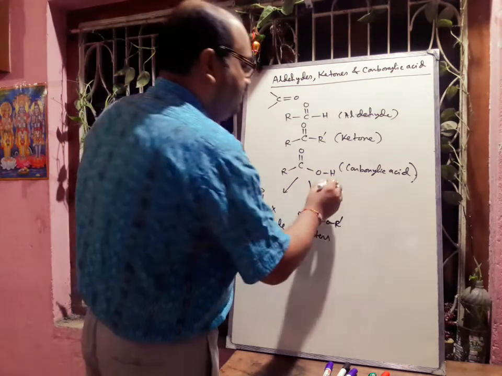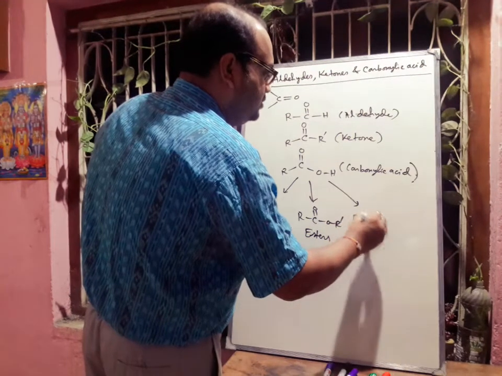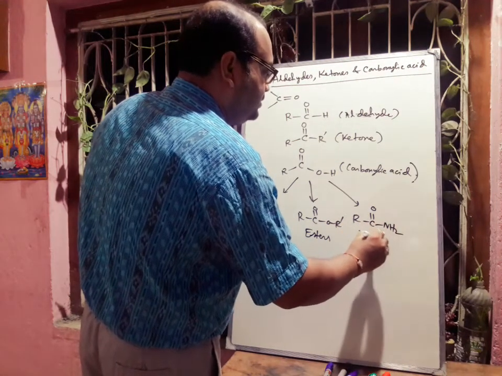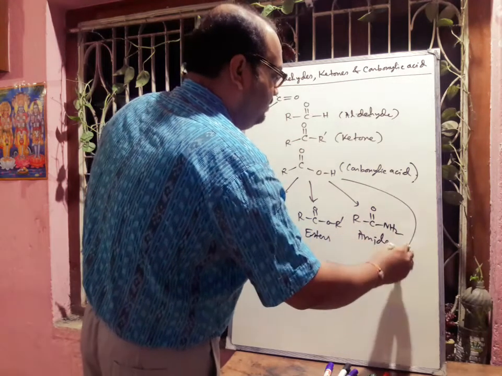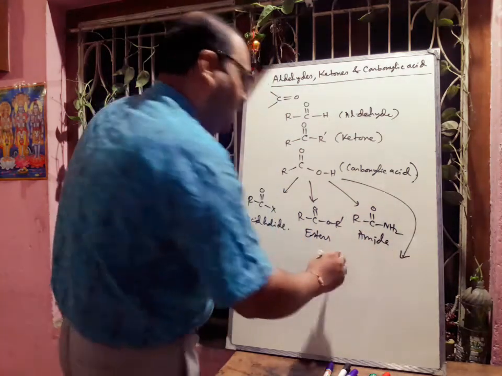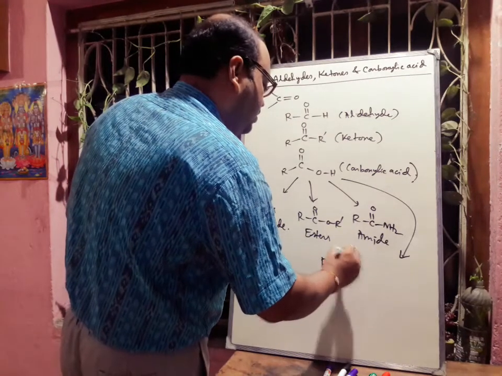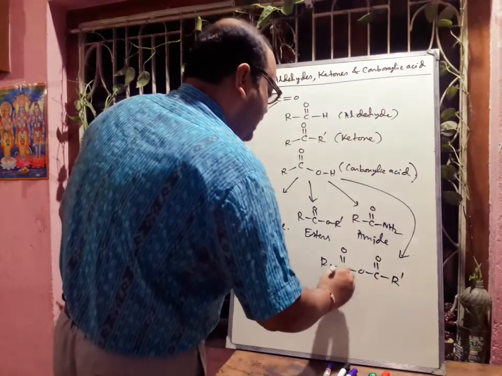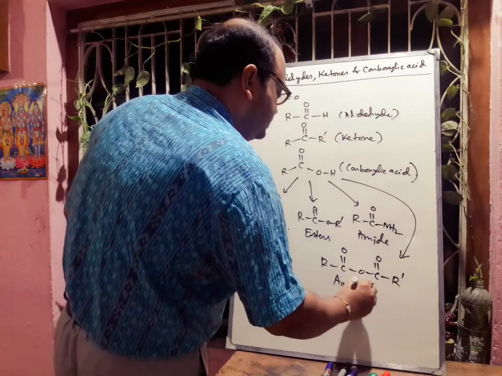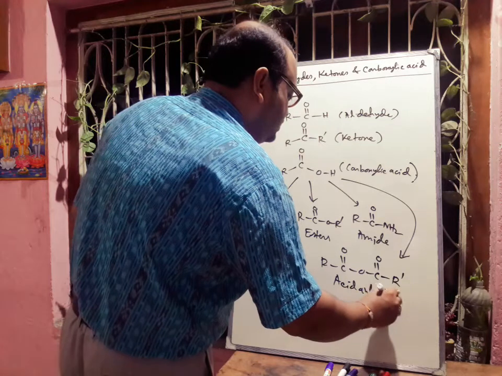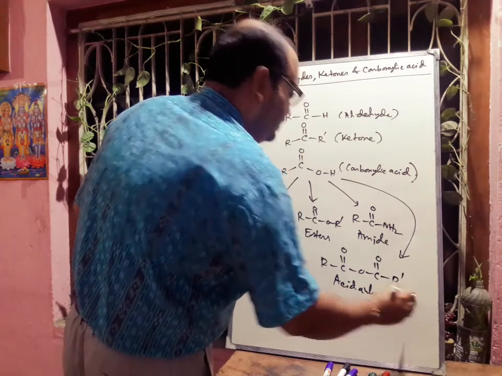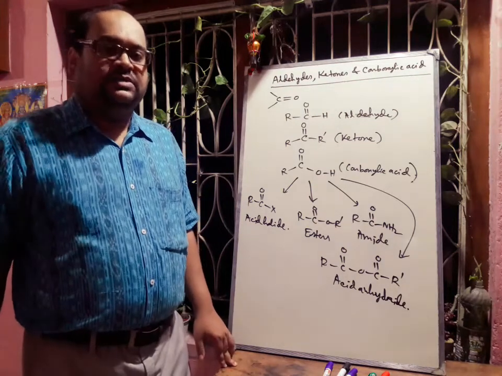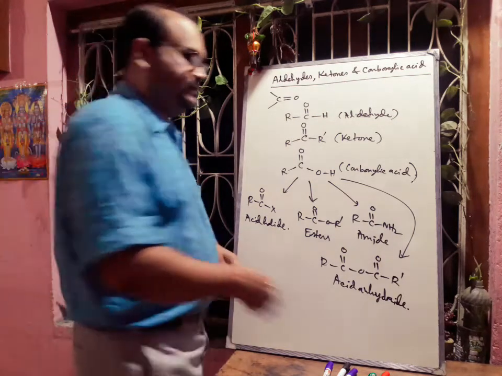If there is RCONH2, then it is called an amide. And if there is RC=O, O, C=O R, this is called an anhydride, acid anhydride. So these are the derivatives of carboxylic acids. Hope you can understand.